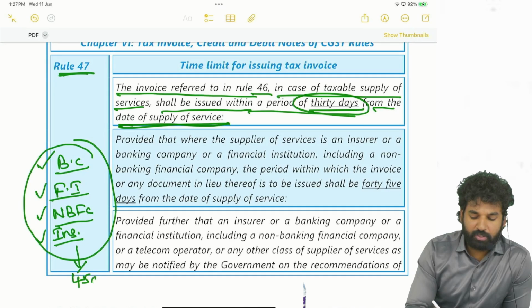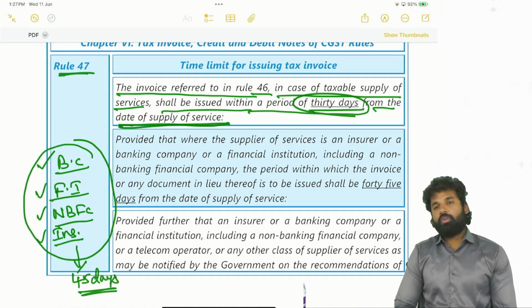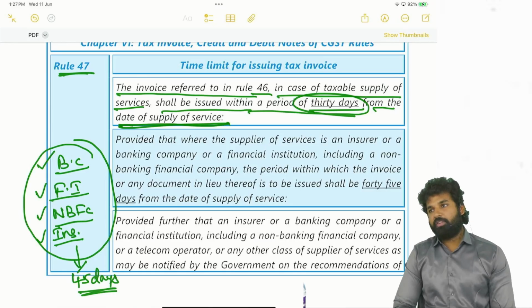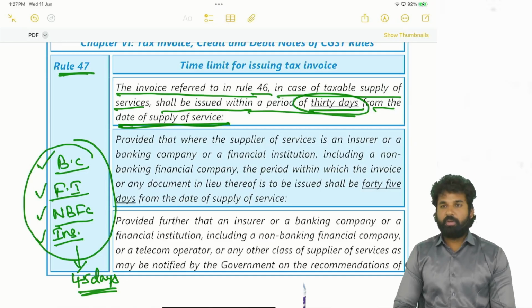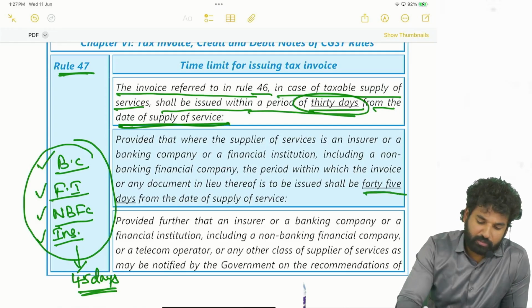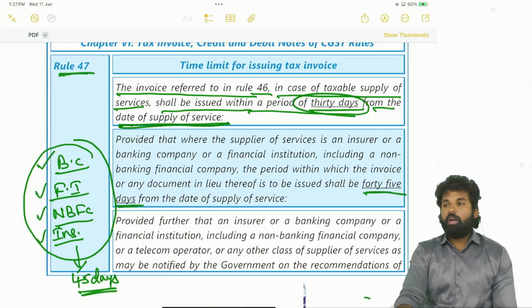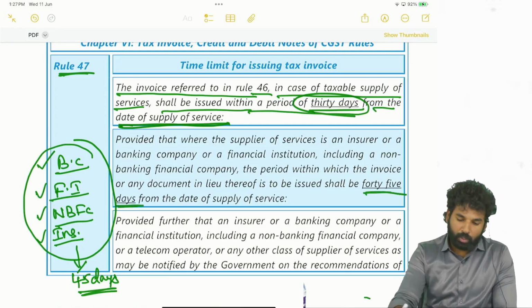The time limit is not just 30 days, it is 45 days. So whenever the bank wants to issue the invoice, it can issue it, but within a period of 45 days from the date of completion of the service. The same is the case with insurance companies and NBFCs also. So the 45 days time has been given as per Rule 47 of the CGST rules. Okay, right.